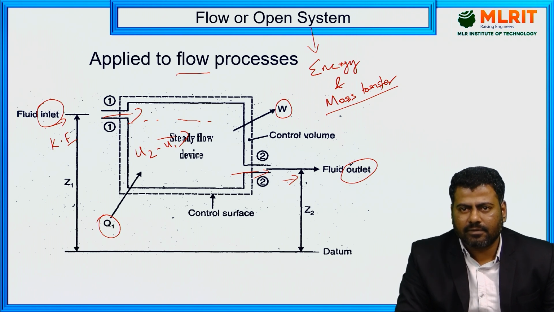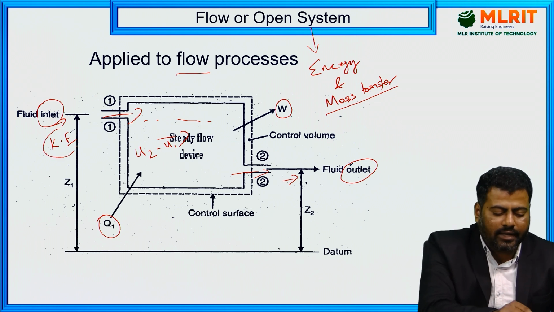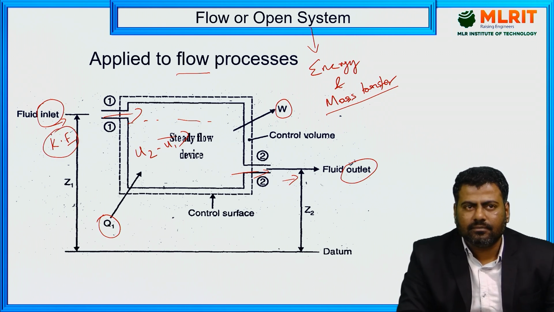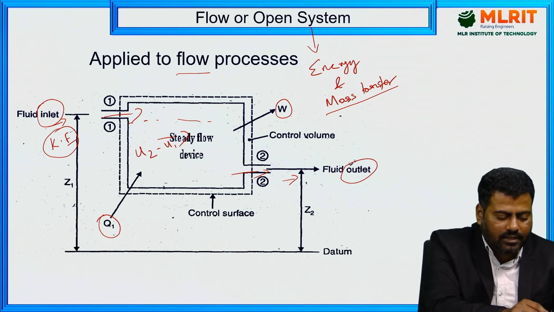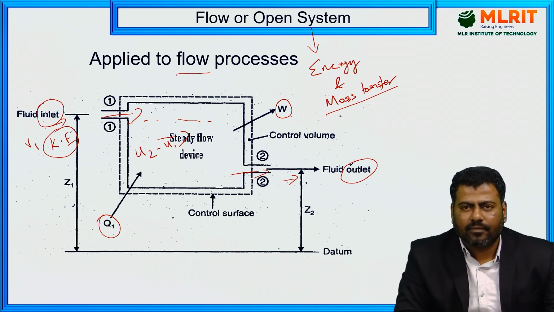Wherever mass transfer takes place, obviously we are supposed to consider the velocity of the working substance, which should possess some kinetic energy. So we consider the velocity V1; in some other textbooks they might have mentioned C1. You can consider it either way.